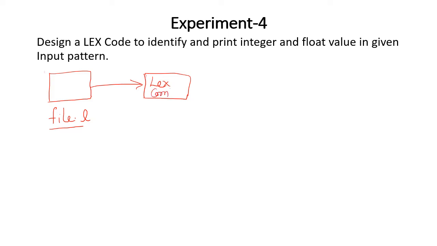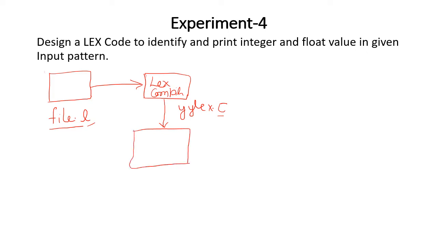compiler. Now what this lex compiler will do, this lex compiler will convert this file.l to the yylex.c file, which means from extension L we now got extension C. So extension C means it is basically a C code, right?